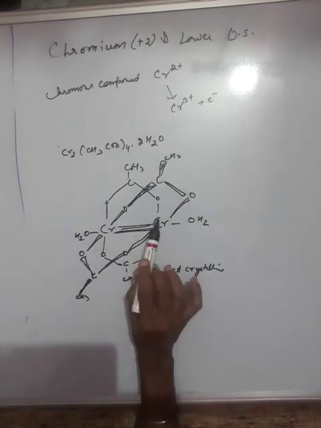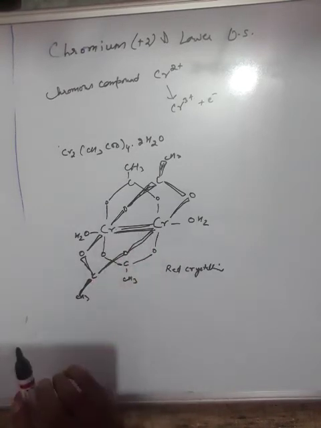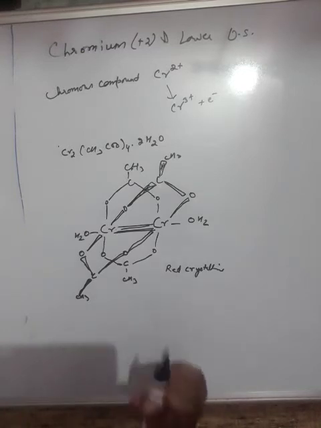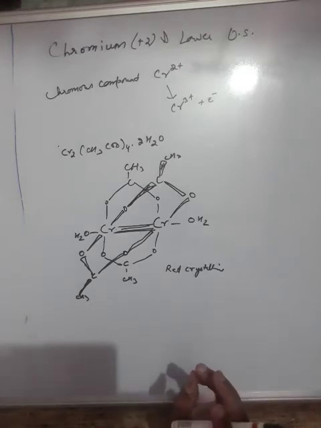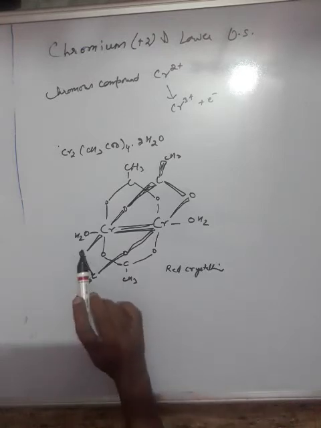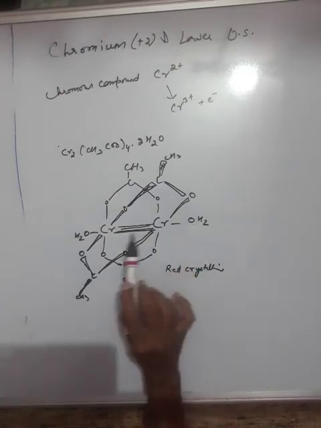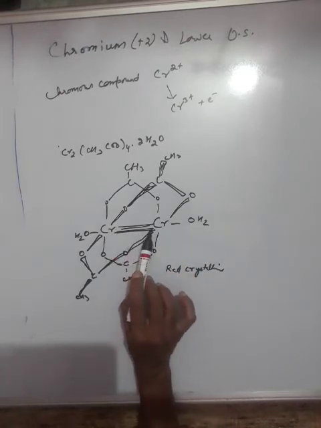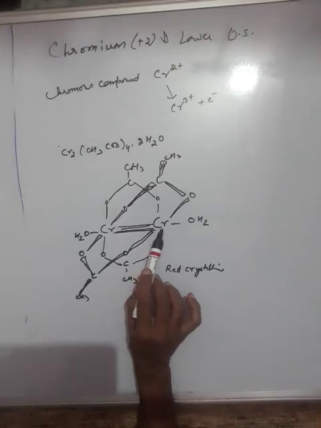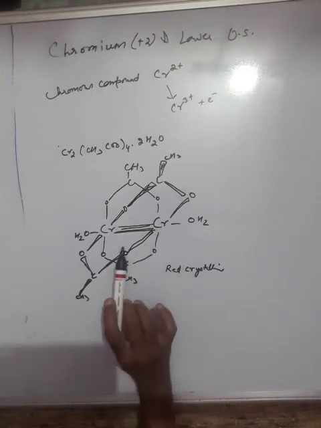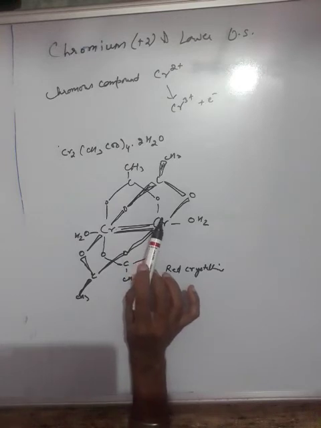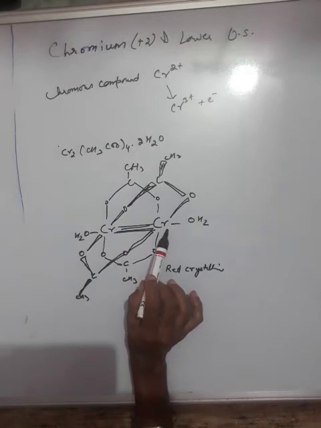Both of these are surrounded by a distorted octahedron, and this octahedron has been made by 4 oxygen atoms of the 4 acetate groups, and 1 oxygen atom from the water molecule, and the other side is a chromium. The 4 acetate groups are like the bridge between the two Cr2+ ions.